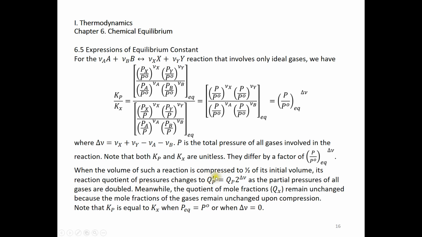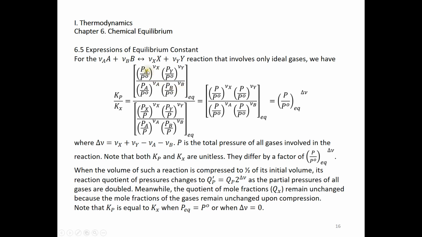So this is the new reaction quotient of pressures when you compress the system to only 1/2 of its volume. This is going to be the initial Q sub P times 2 to the power of delta nu. Why 2 to the power of delta nu? Again, for every single species, its partial pressure is doubled. So that's why we have 2 here. And also in the expression of reaction quotient, we need to take care of the coefficients nu sub x, nu sub y on top, nu sub a, nu sub b on the bottom.